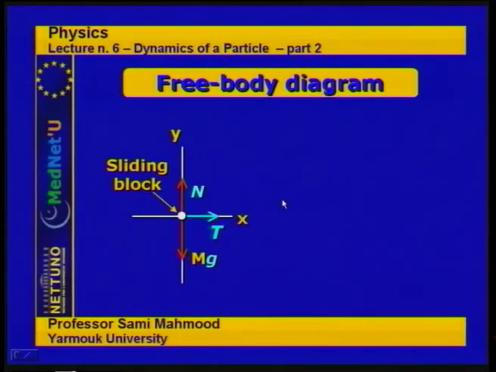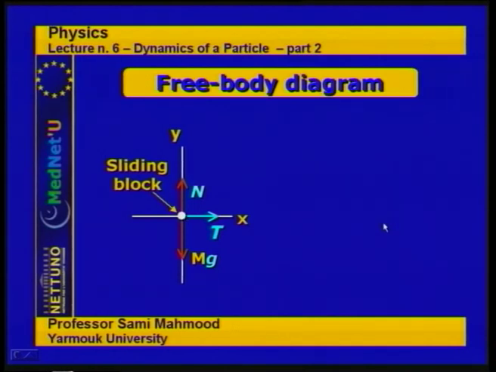For the first object, the sliding block, we have a spot at the center which represents the sliding block, and the three forces acting on it are the normal force upward, the weight, capital M times g, downward, and the tension in the positive x direction.